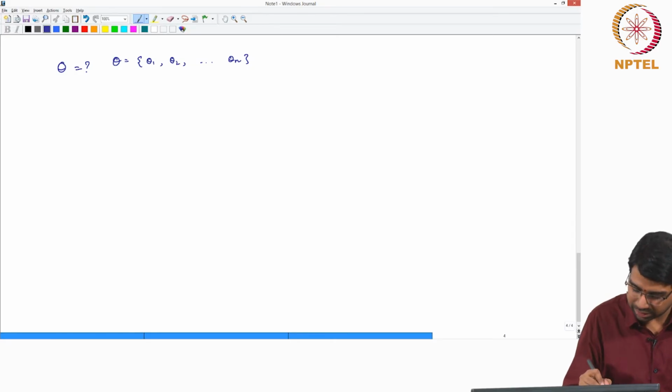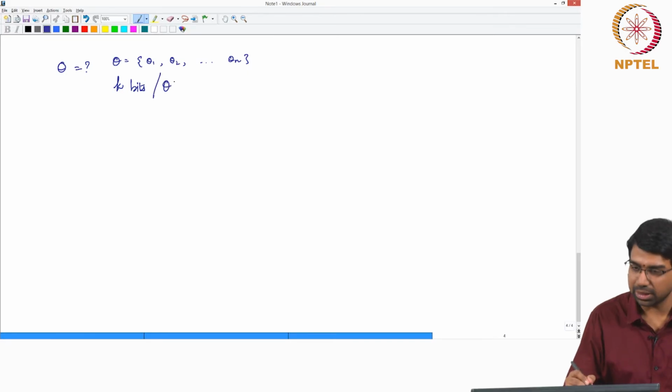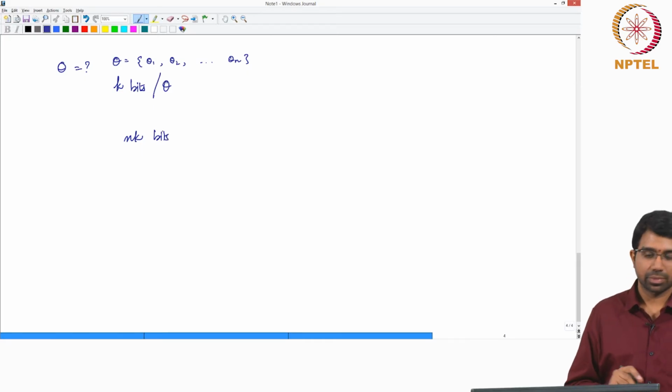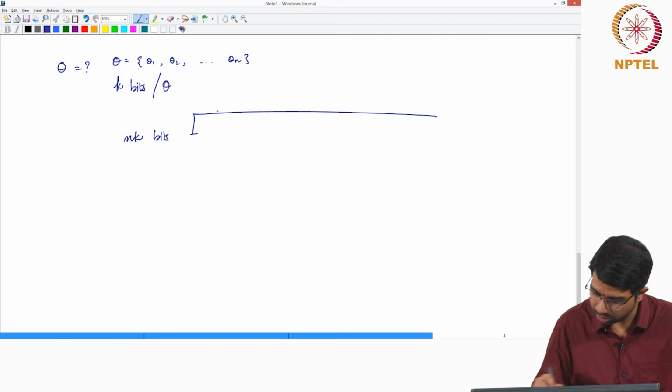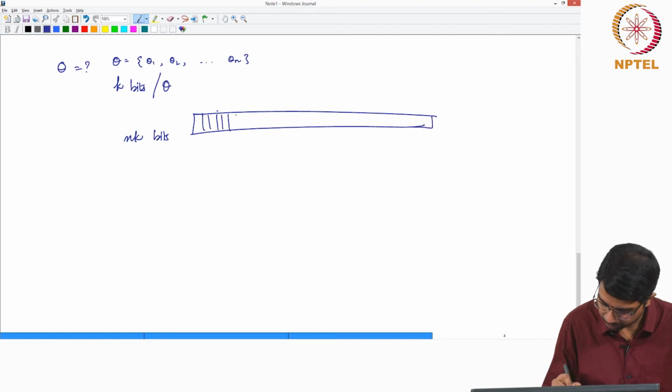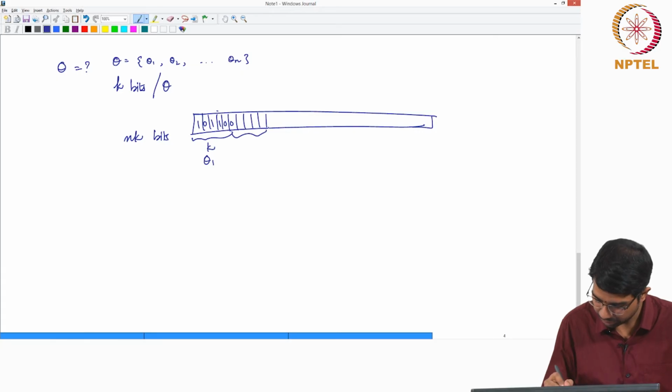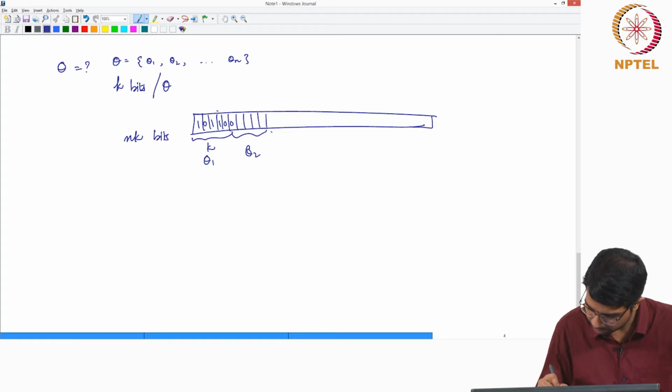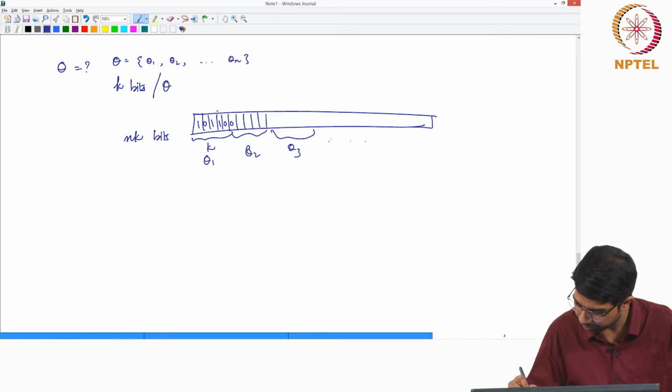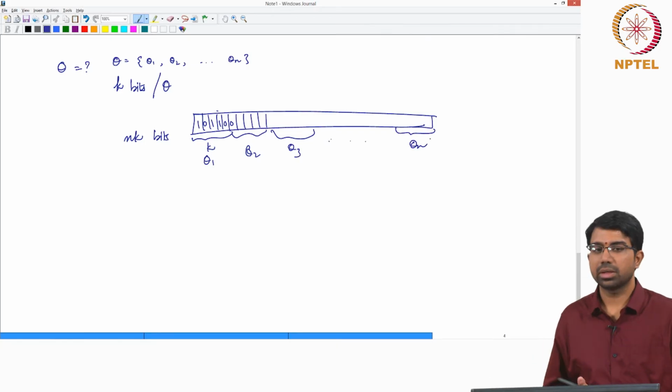So, and let us say we use some k bits per theta, you will end up having nk bits, right. So, you will have a long bit string. The first k will be theta 1, the next k will be theta 2, the next k will be theta 3, up to theta n.